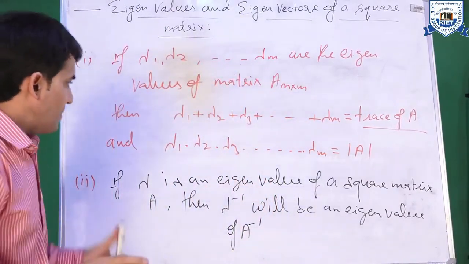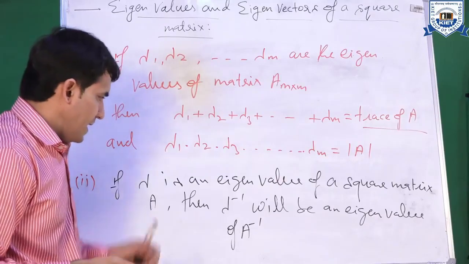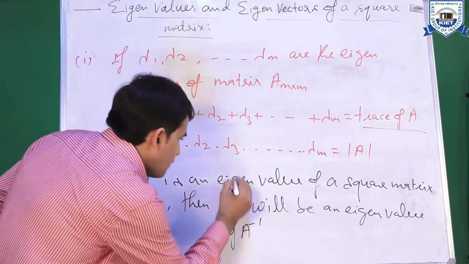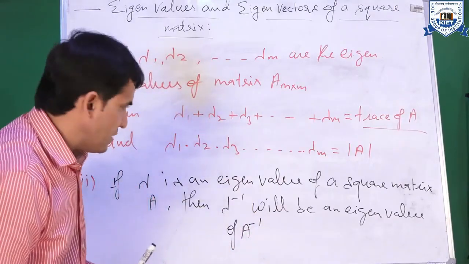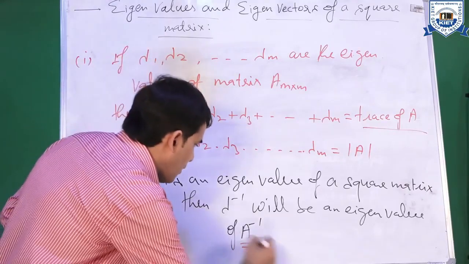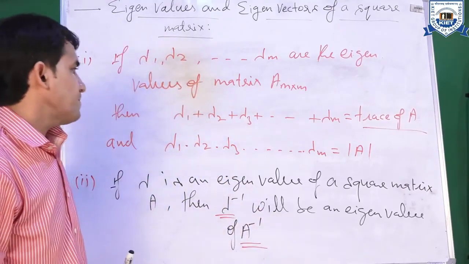Means if lambda is an eigenvalue of a square matrix A, then 1 upon lambda, means lambda inverse, will be an eigenvalue of A inverse.